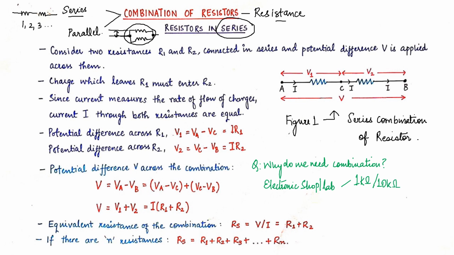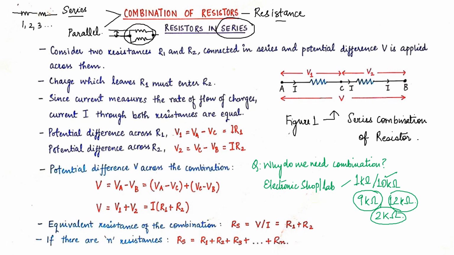We are assuming, but now we want 9 kilo ohm, or 12 kilo ohm, or 2 kilo ohm. How can we attain these values? For attaining these values, we need to combine these resistors.